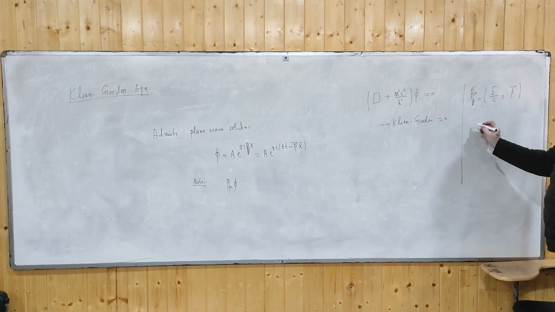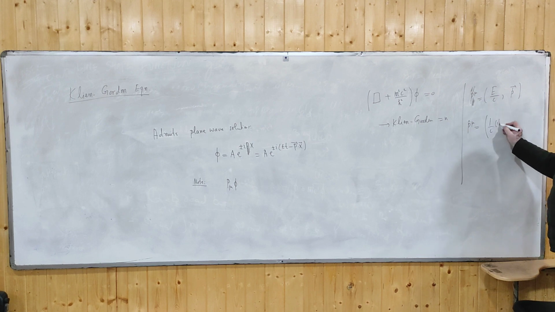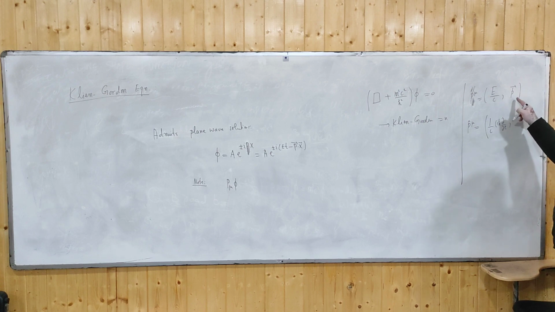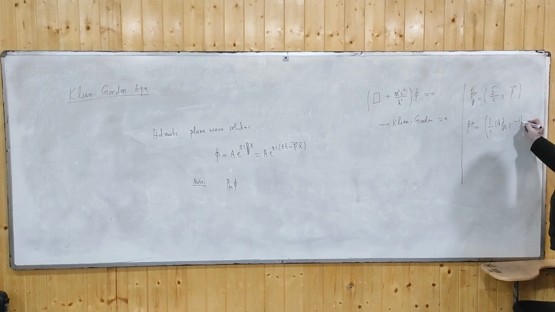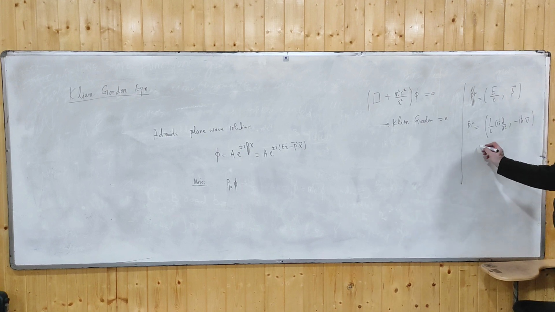As an operator, it is 1 by c times i h-bar partial by partial t, and p becomes minus i h-bar nabla.